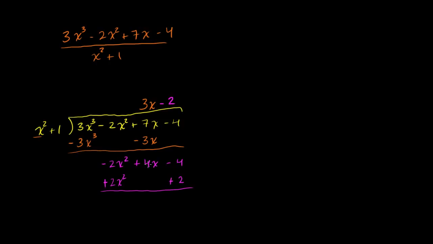These two guys cancel out. 4x minus 0 is 4x. Negative 4 minus negative 2, or negative 4 plus 2, is equal to negative 2. And then x squared now has a higher degree than 4x, and the highest degree here. So we view this as the remainder.